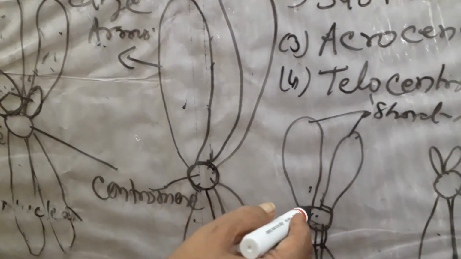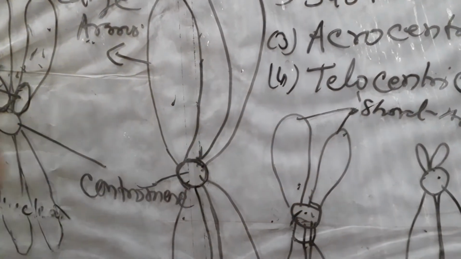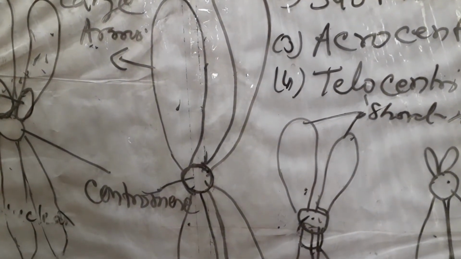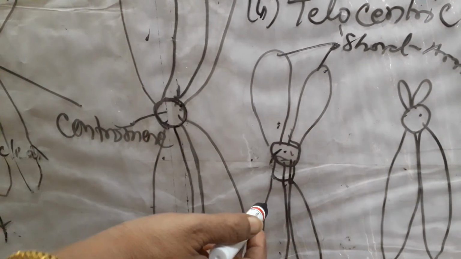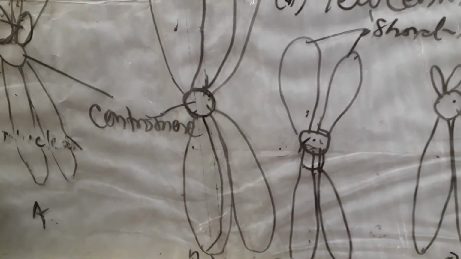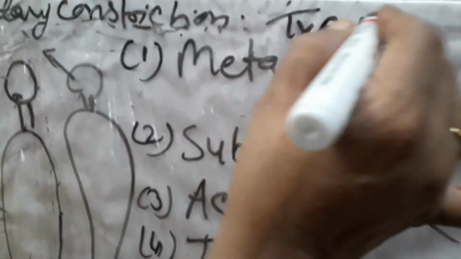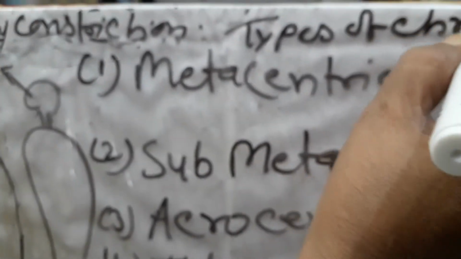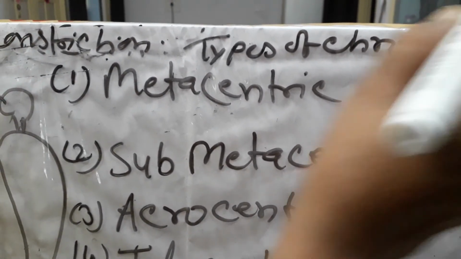And these are the centromeres. So these are the types of chromosomes on the basis of the position of centromeres.